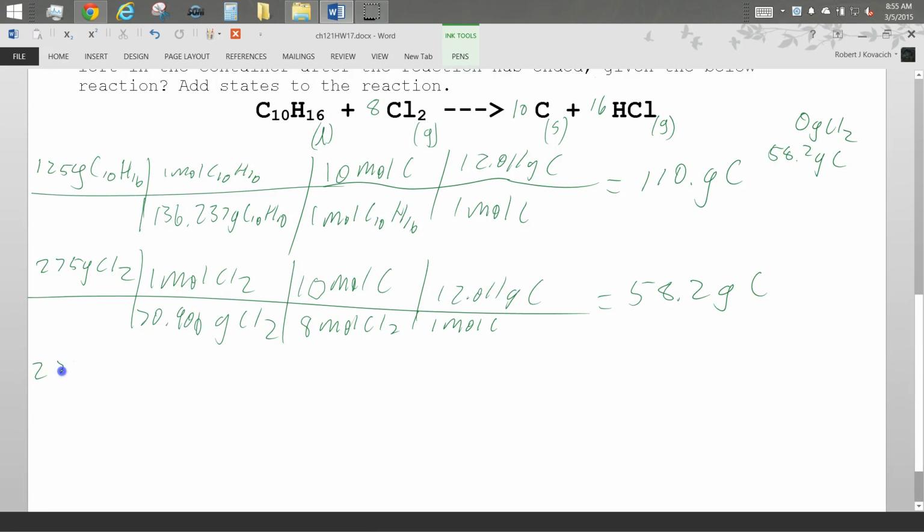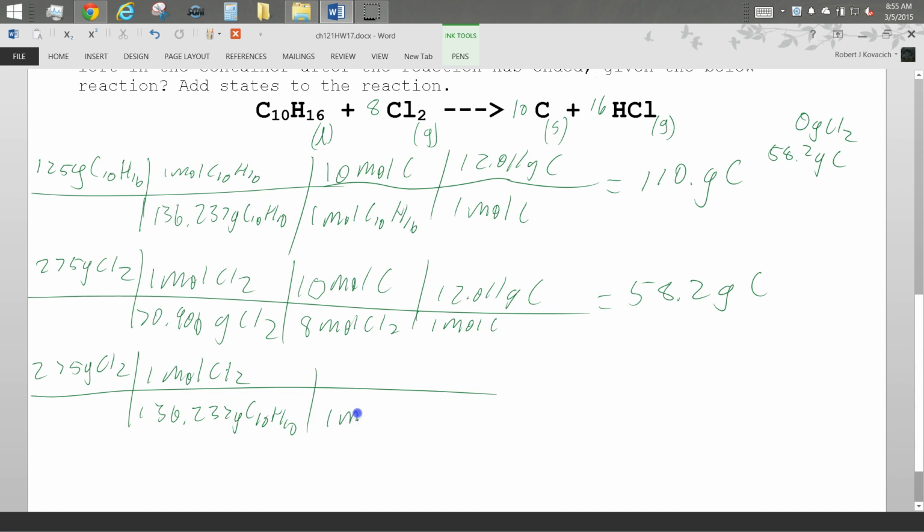So we'll go 275 grams of chlorine to 1 mole of chlorine, and then I'll put 136.237 grams of C10H16 to 1 mole of chlorine, and then I have 8 moles of chlorine to 1 mole of C10H16.